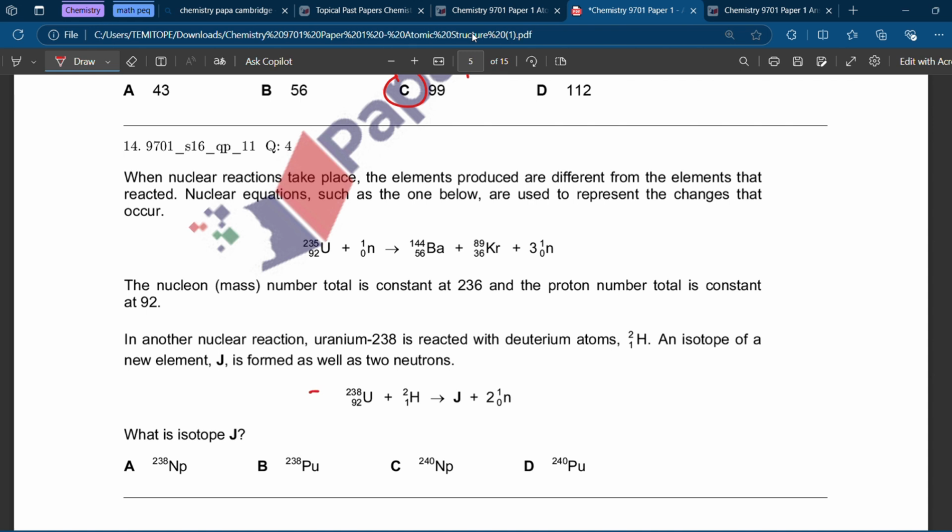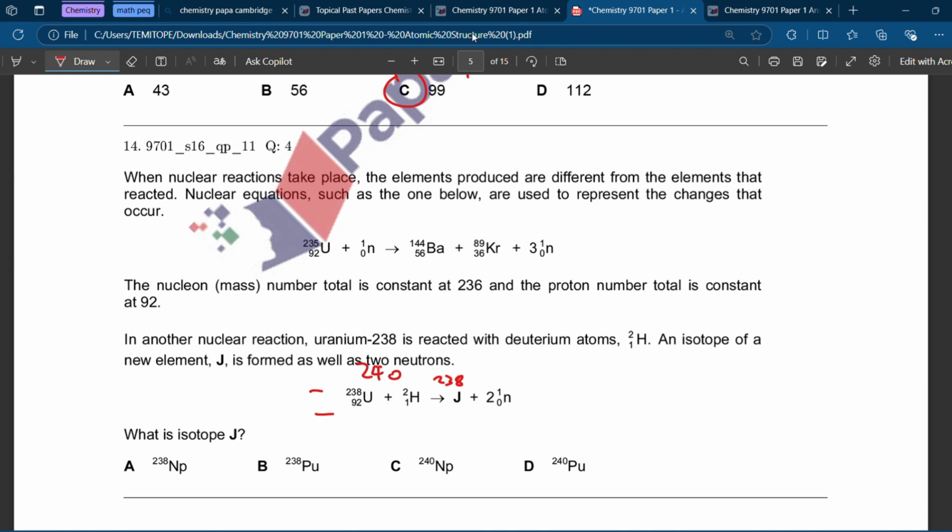When nuclear reactions take place, the elements produced are different from the elements that reacted. Nuclear reactions such as the one below are used to represent the changes that occur. The nuclear mass number total is constant at 236, which is agreed, and the proton number total is constant at 92.